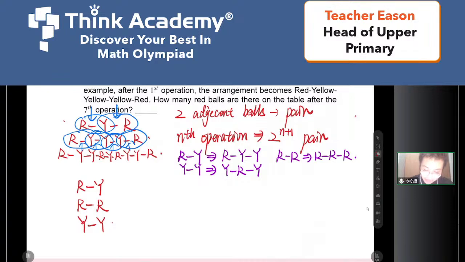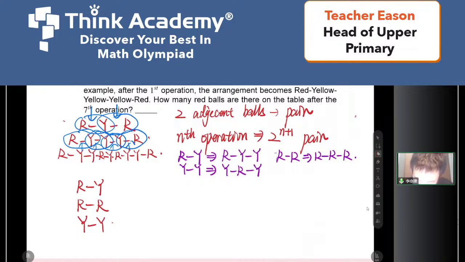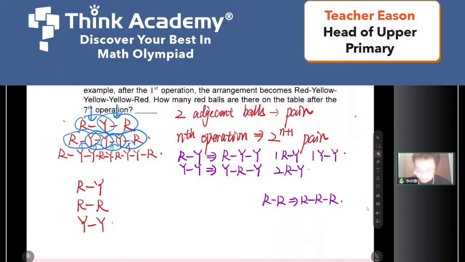Which means after each operation, 1 yellow... sorry for that. What happened? My pen is not working. Yeah, so we would see that 1 red yellow would make into 1 red yellow and 1 yellow yellow, and 1 yellow yellow would be made into 2 red yellows, right?